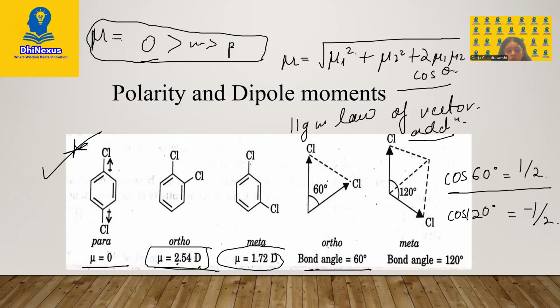So for the ortho position, the angle formed between two chloride ions is 60 degree. Now, if I put it here, I'll get some value which will come out to be this one. But in case of cos 120 degree, which is observed in case of meta, the value is negative. So this part actually becomes negative.